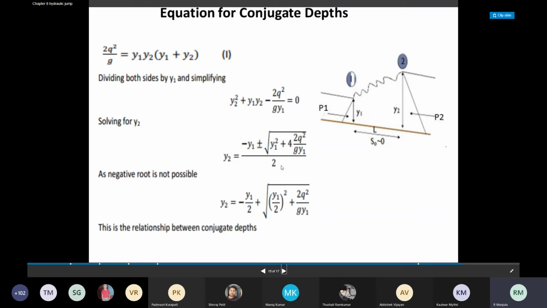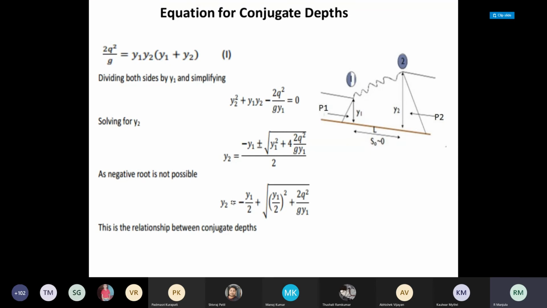It is divided by 2a, and since the coefficient of y2 square is 1, only 2. So there is no possibility of having negative roots, so we take only the positive root: minus y1 by 2 plus the square root of this. And this relation is nothing but your conjugate depth relation between y1 and y2. So if you know y1 and q, you can find y2. So this is the important relation for conjugate depth.